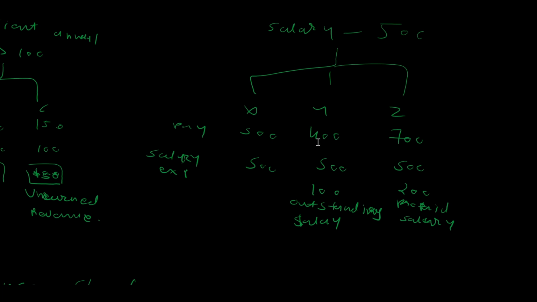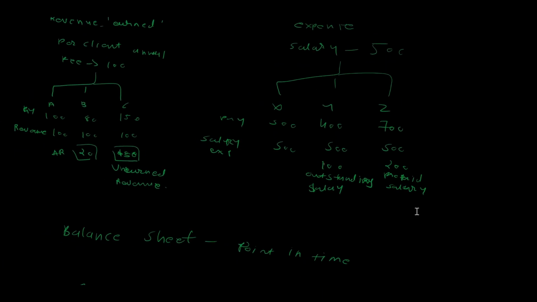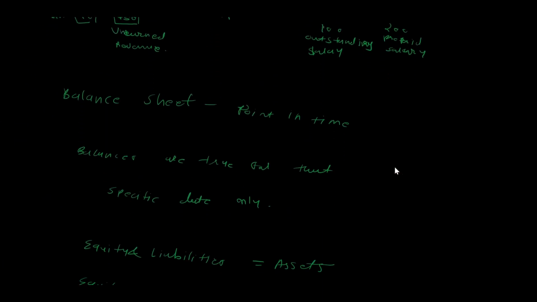For Mr. Y, you paid 400 but your expense is 500, so the 100 difference you show as outstanding salary payable on the liability side. And when you paid more than your salary expense, you show the 200 rupees as prepaid or advance salary on the asset side.